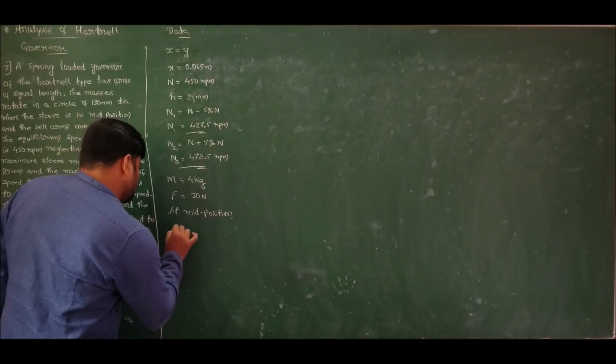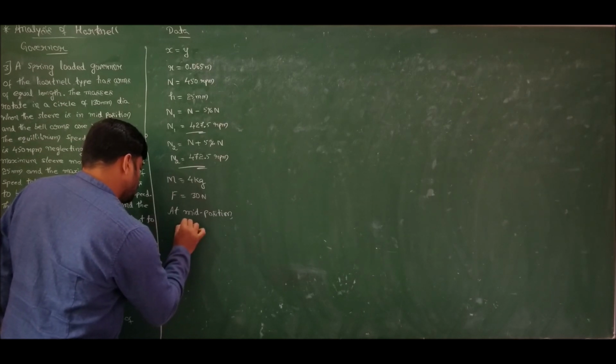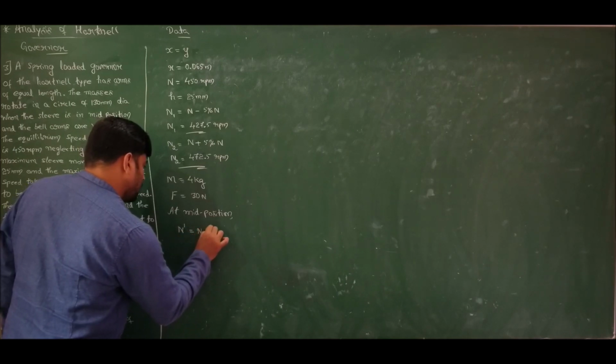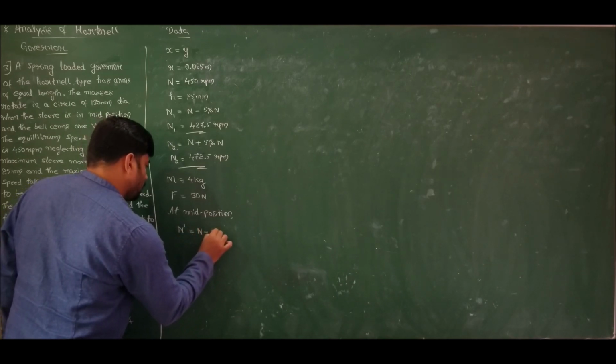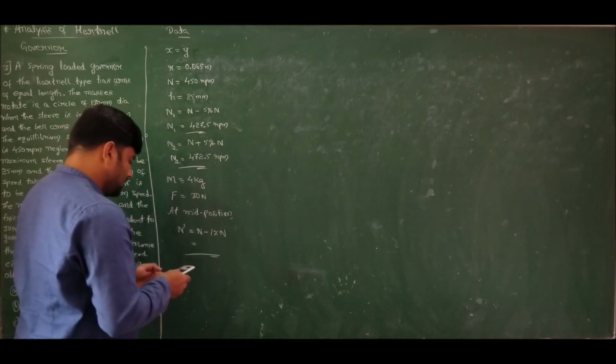So therefore, at mid position, let me call the minimum speed N dash and the maximum speed N double dash. N dash is the mean position minimum speed, that is N minus 1% of N. So N minus 1% of N is how much?